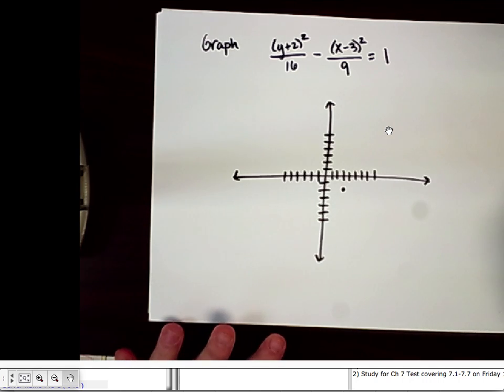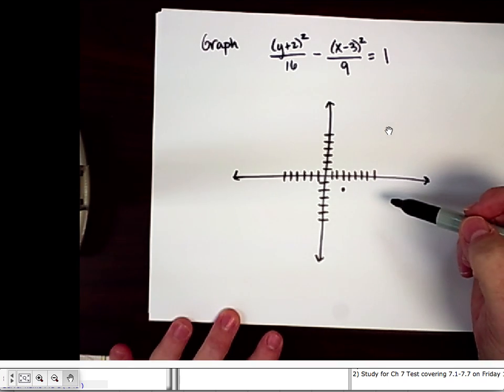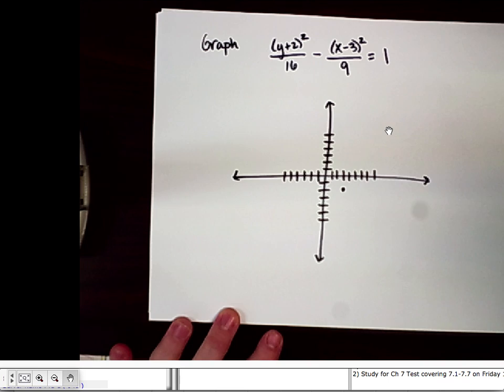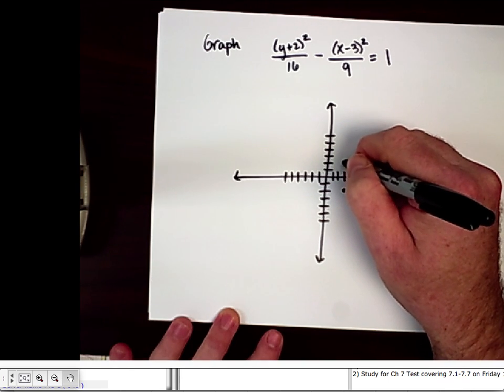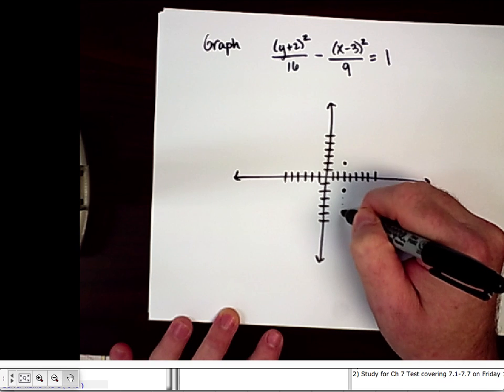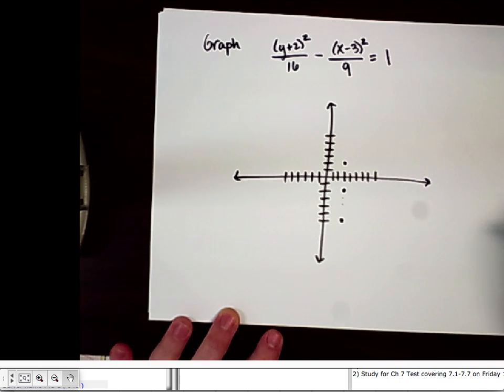Well, major and minor has to do with ellipse. So you got to tell me for what? Four in the y direction. So I go up 4, 1, 2, 3, 4, down 4, 1, 2, 3, 4. Okay.